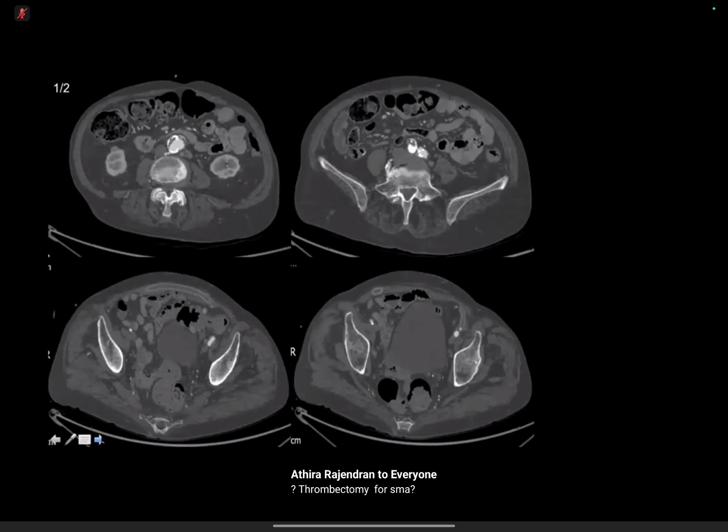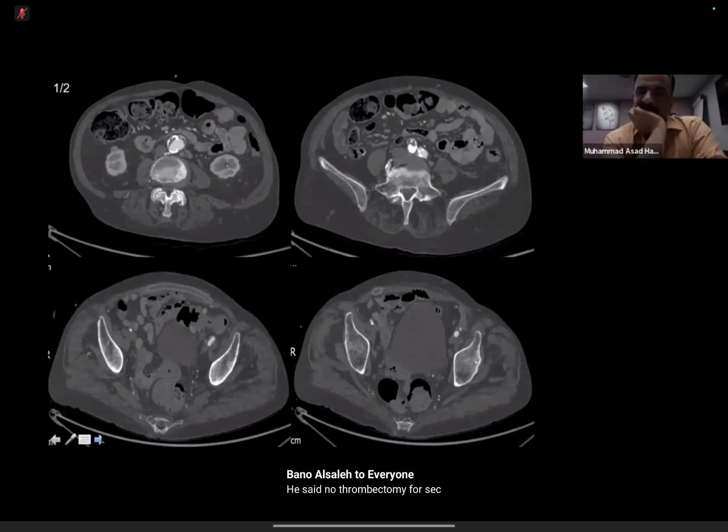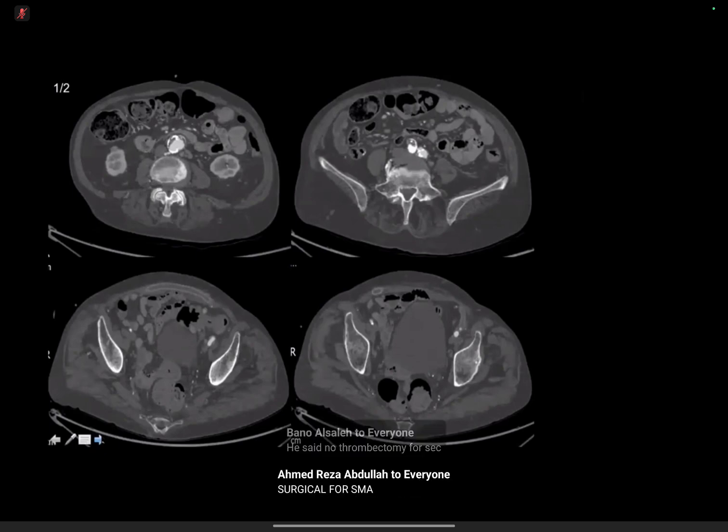I can see tight stenosis of the right external iliac artery, as well as advanced atherosclerotic changes in the abdominal aorta. There is also a filling defect, might be thrombus, in the right common iliac artery. Good. The contralateral side is relatively better.